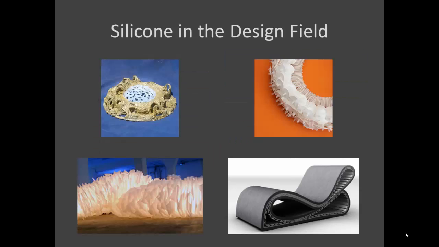But not only is it used in all these fields, but silicone is also used extensively in the design field. It's used as a model material, a mold, sealant, adhesive. And you can actually see a picture of it being used as a model in the upper left corner.